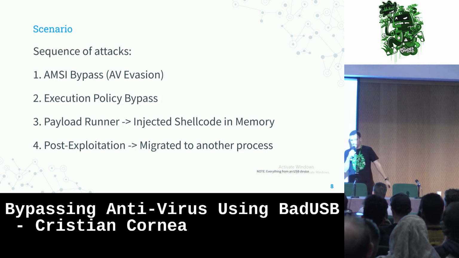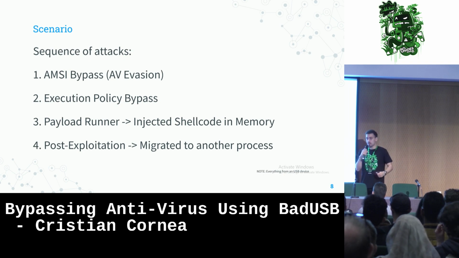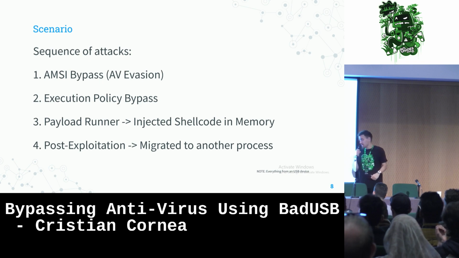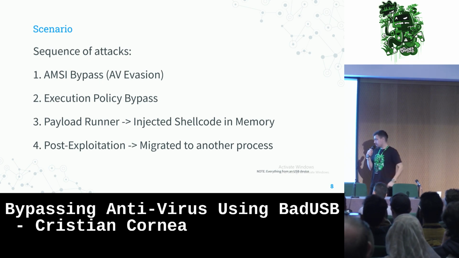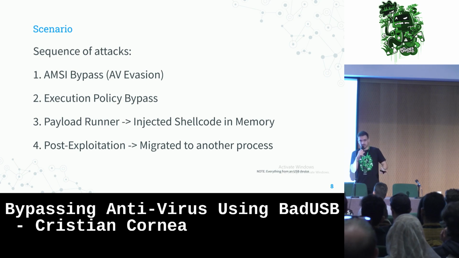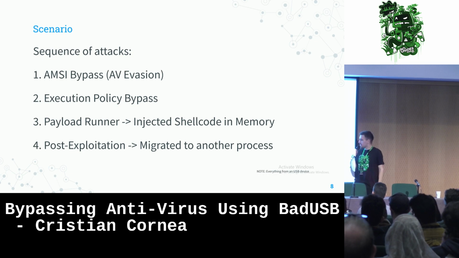As a summary, the execution policy on Windows is the policy that allows or disallows PowerShell scripts to be run under a low privileged user or under some users. And we'll see how we can bypass that one. Then we need a method to inject all the payload into memory in order to be fileless. So we are moving stealthily and we are playing only with processes. Then some post-exploitation tips and techniques.